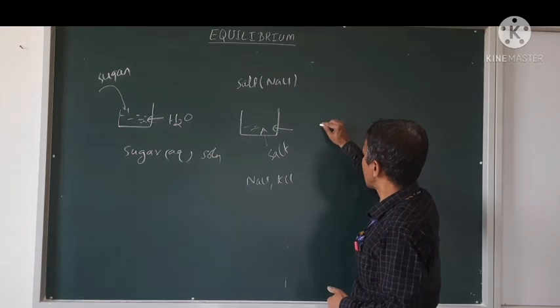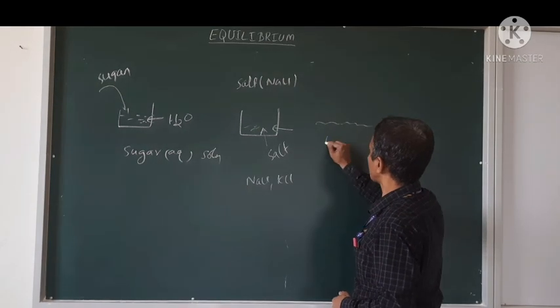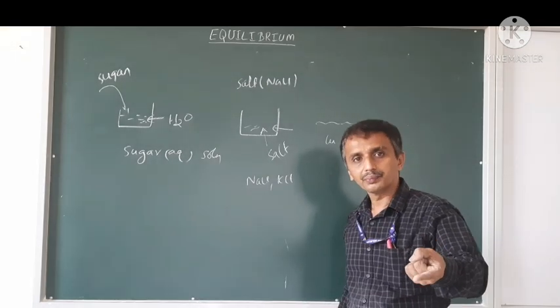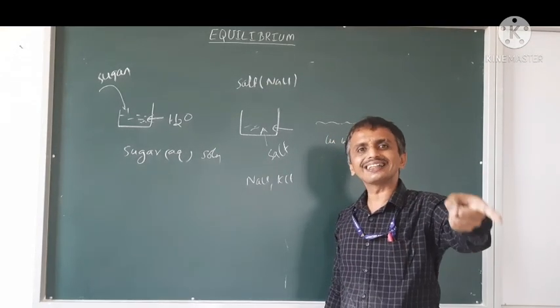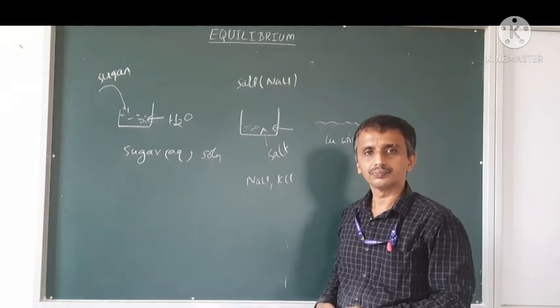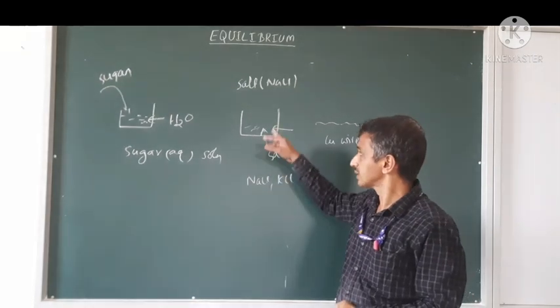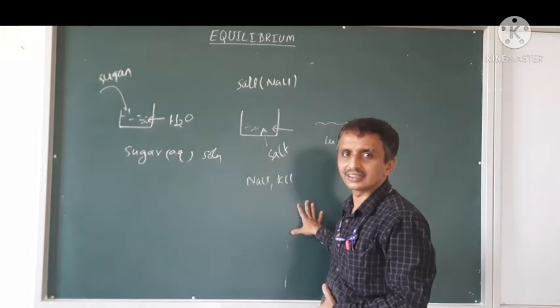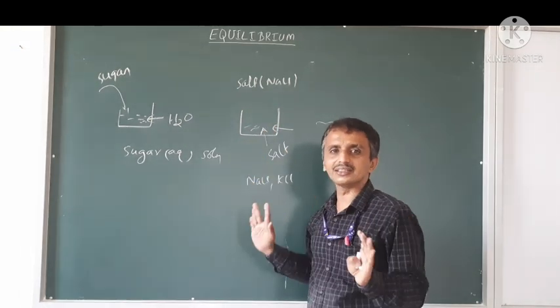Now, what I do is, I will take a copper wire. What about that? Copper wire conducts electricity in the solid state itself, whereas NaCl etc. will not conduct electricity in the solid state.